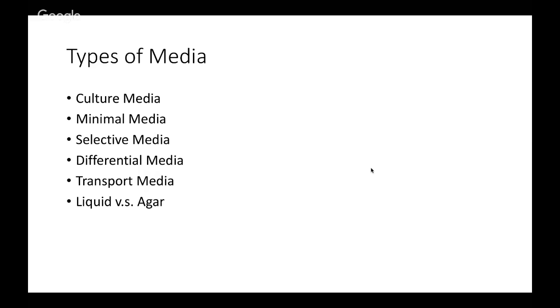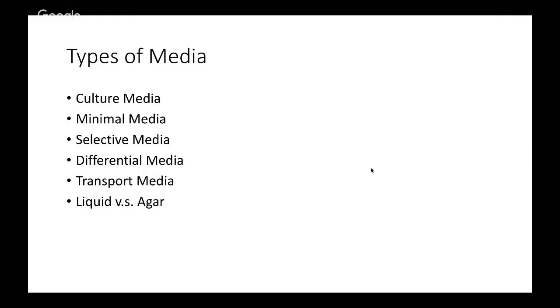Minimal media is pretty much the bare minimum that you need to grow on, such as glucose, which most organisms need, and very minimal nutrients, things like that.